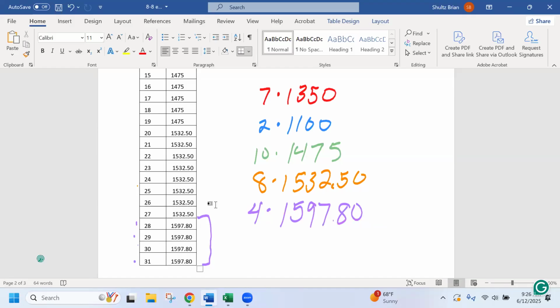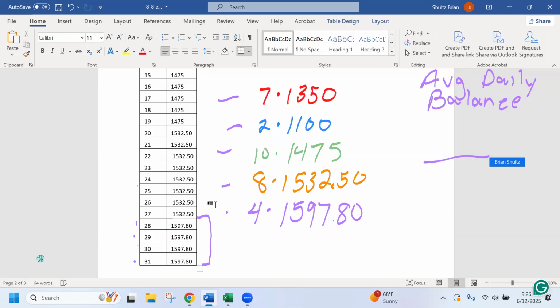So to find the average daily balance, I need to do these multiplications and then add them all together. And there are 31 days. So it's the total of all of those added up divided by 31.